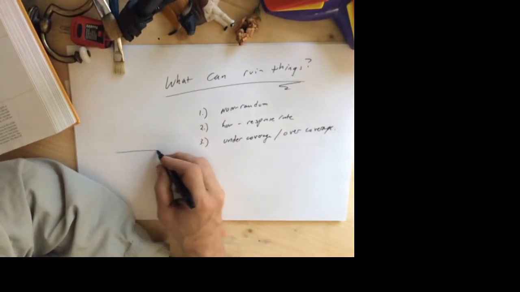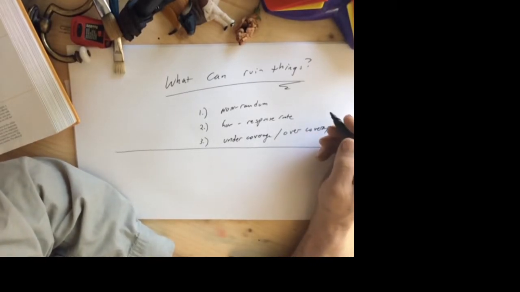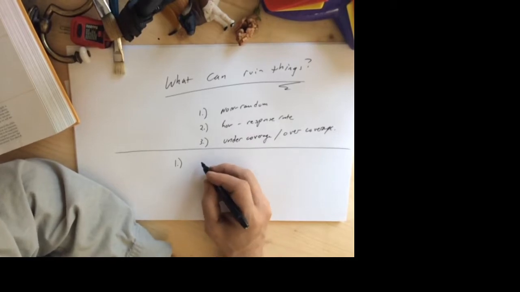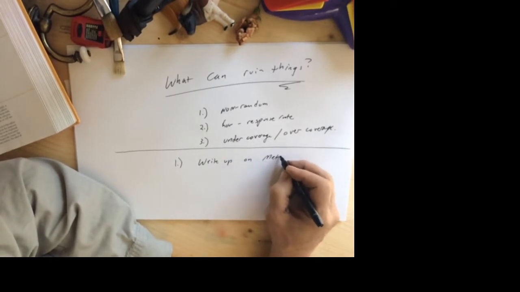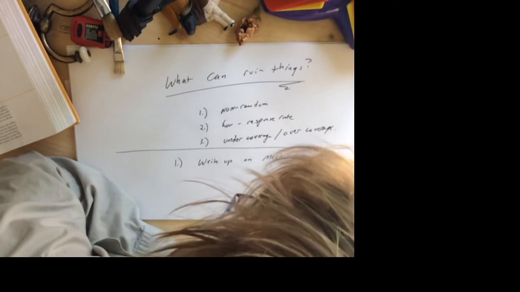So, how do we make sure that we can understand the data that we've drawn up? Well, first and foremost, when you gather data, somebody needs to do a complete and thorough write-up of your methodology.